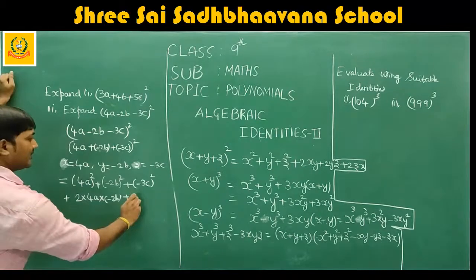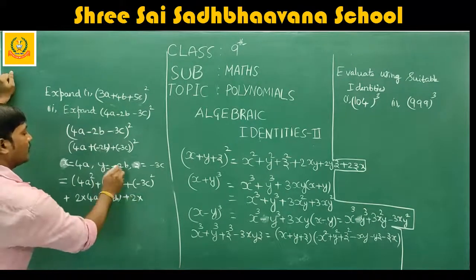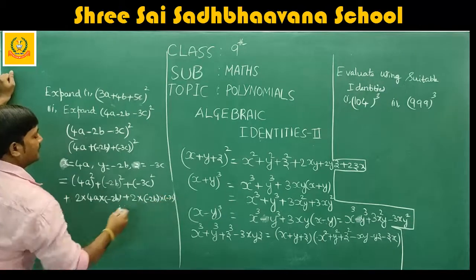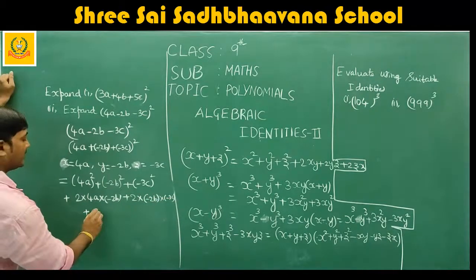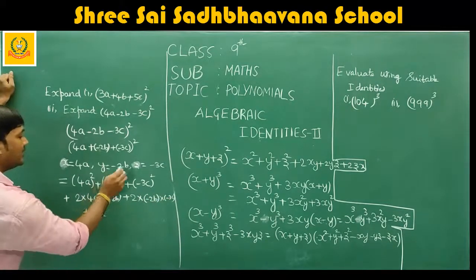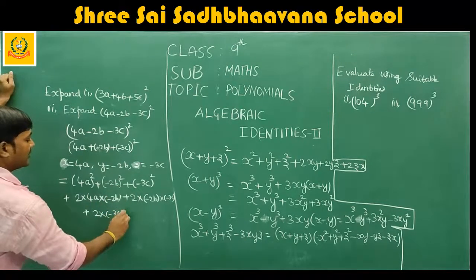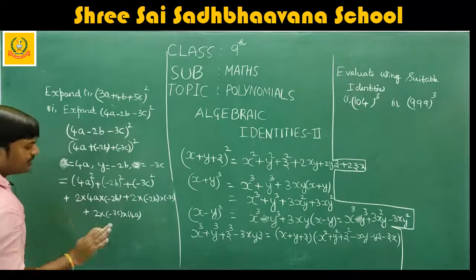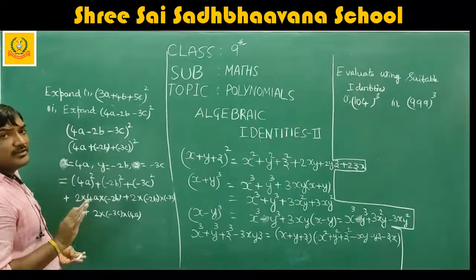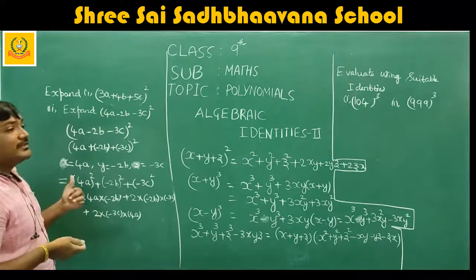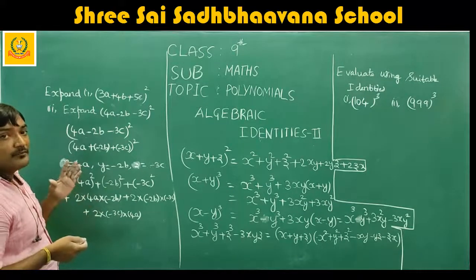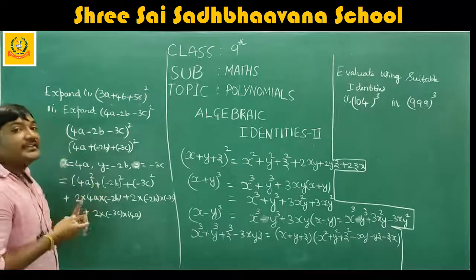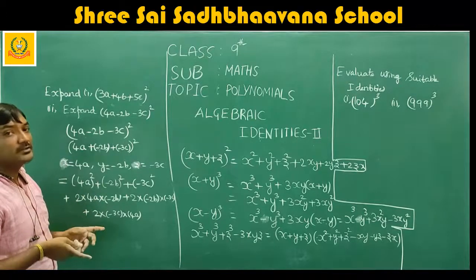And after 2xy we write 2yz, so yz means minus 2b into minus 3c, plus 2zx, 2 into z, which is minus 3c, x is 4a. It's very simple. I just substituted in the place of x, y and z. One thing you should remember, your first and foremost work is to find what is x, what is y and z.